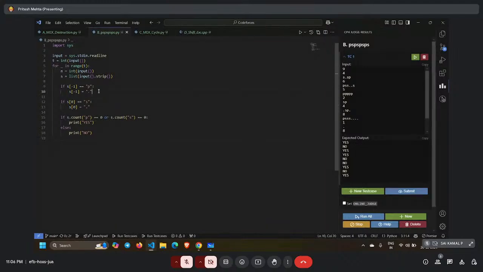And if at least one of them is not present, then we are guaranteed the answer is yes. And by the case analysis I have done before, if both of them are present, then the answer must be no. So this should be the code.